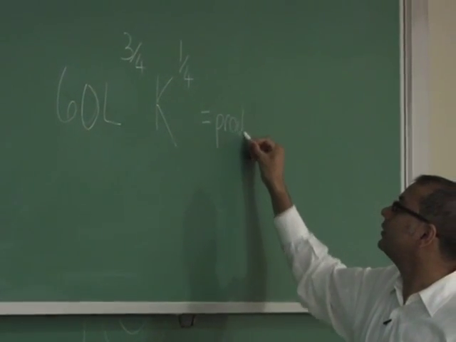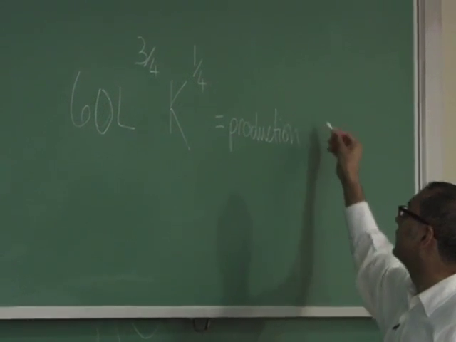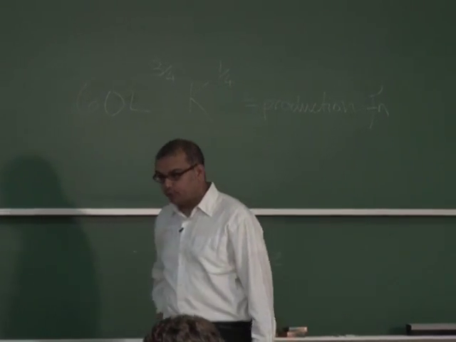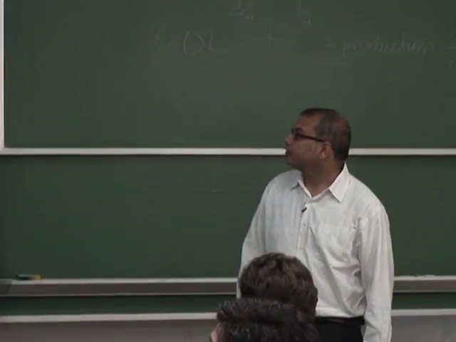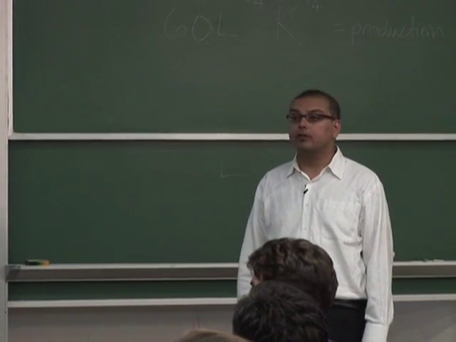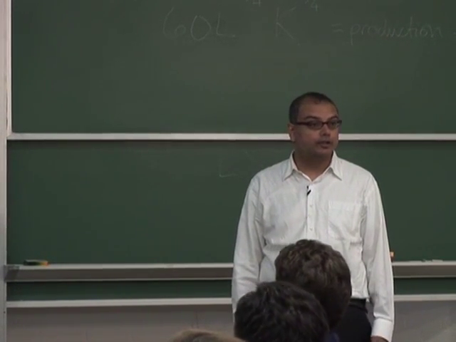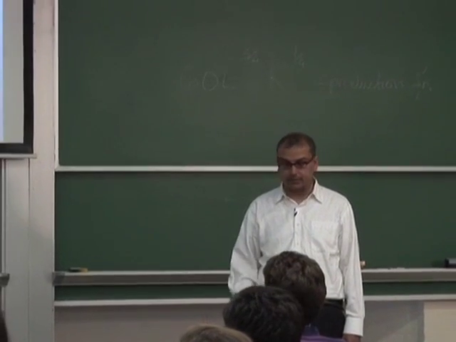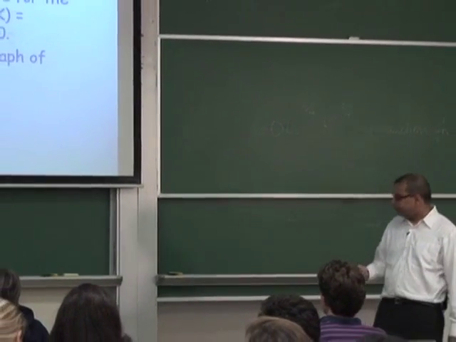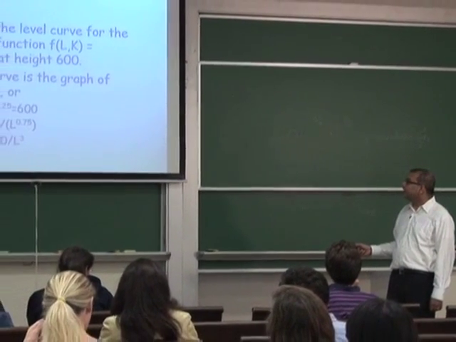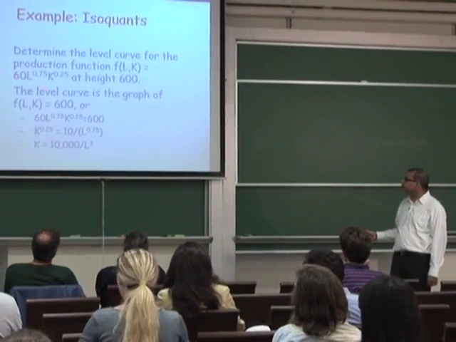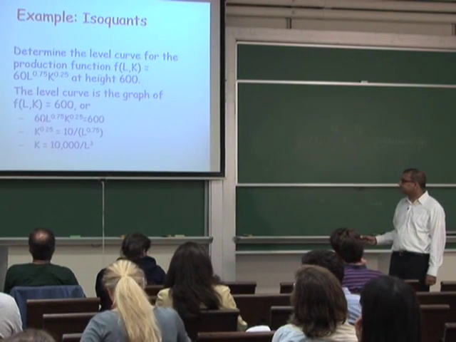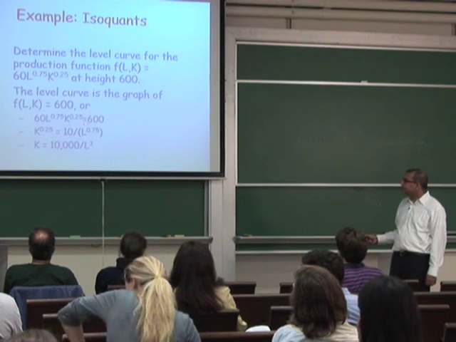It gives you the output in units of output for the level of labor and capital that enters the production process. This is a very common function used in economic analysis. Now, suppose that I'm looking for the level curve of this function at height 600. Well, how do I do that? I set that function equal to 600.